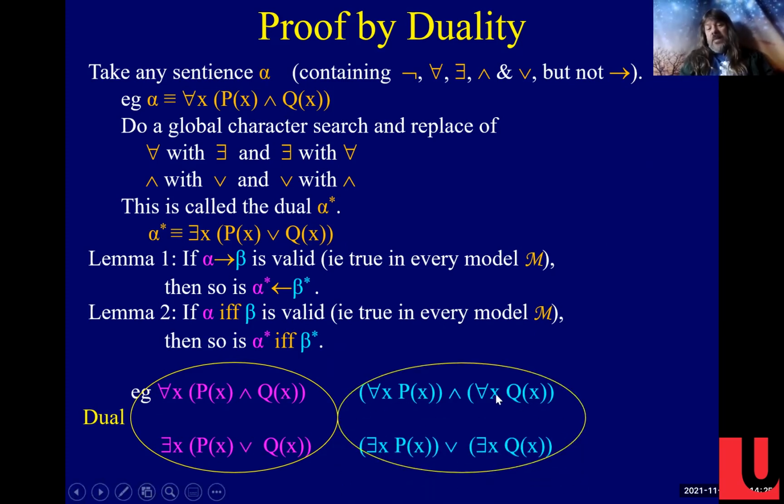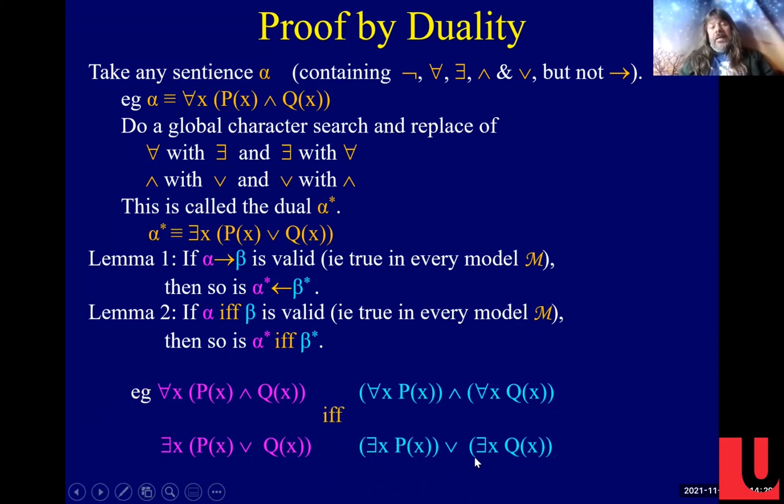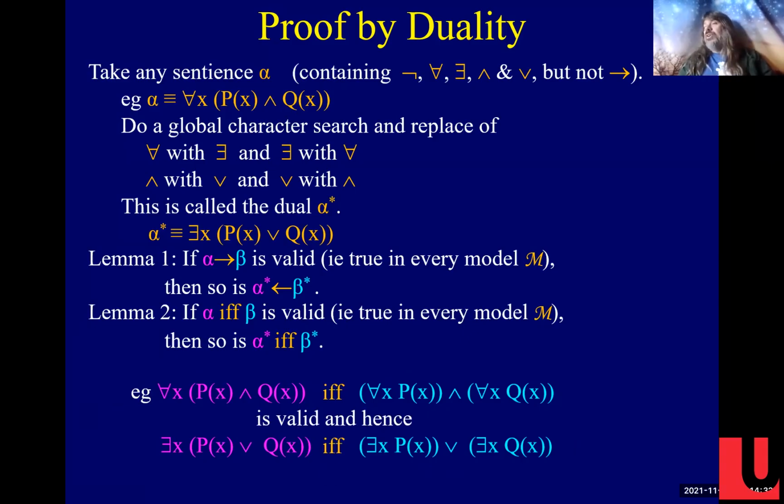Here's another statement, and here's its dual, and we see if that one's true if and only if that one's true, right? That's kind of what we did on our last slides. We assumed we knew that this was a valid statement, and we concluded that this was a valid statement because we took the dual, right?